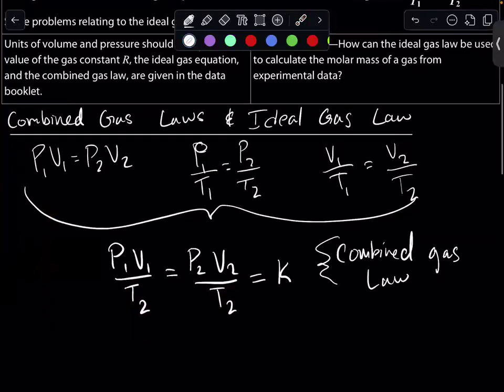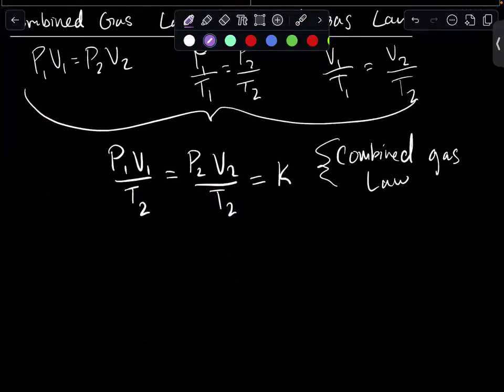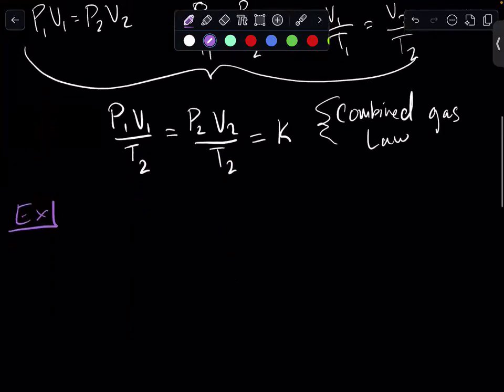So with that said, let's try using the combined gas law in an example. You can always pause it, as I've written out the instructions, and try to solve it yourself.